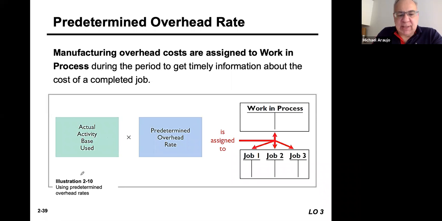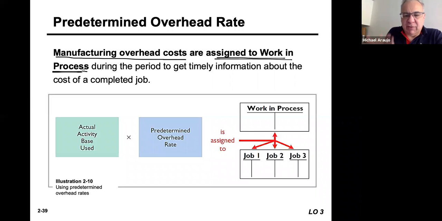So this is on page 58. Manufacturing overhead, as you know, very much like raw materials and direct labor, is part of the manufacturing process, right? It's directly related to the products that are being created. But manufacturing overhead costs need to be first assigned to work in process, right? And so how do they actually assign the costs to the work in process account for jobs that are going on?